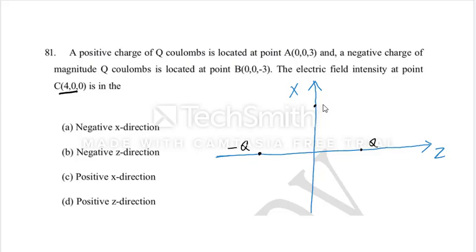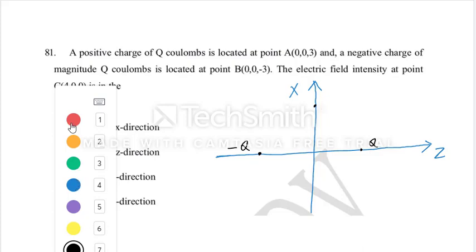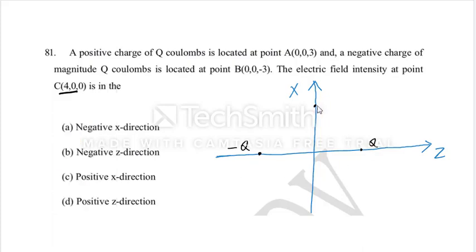Now tell me, previously positive charges, I want the direction of this electric field at this location. Because of the positive charge, my electric field direction is like this, and this other one is a negative charge, so the direction of electric field at this location is this direction.